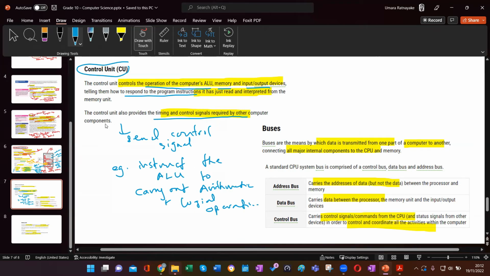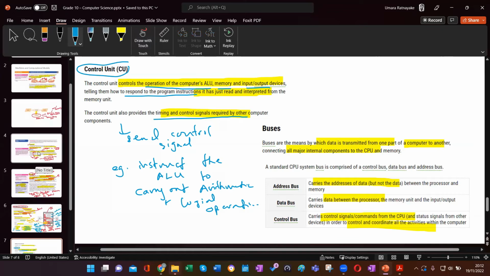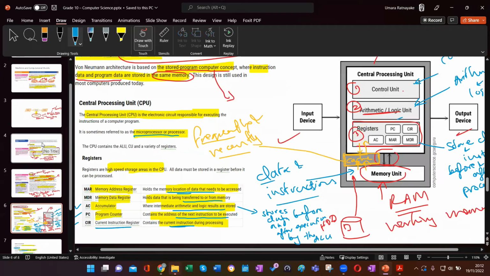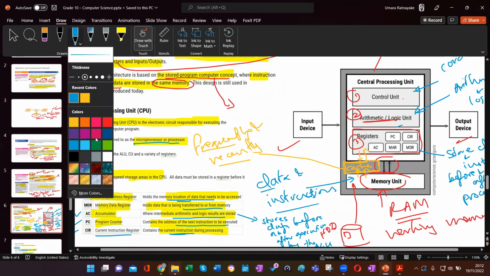Now, even though the control unit is there, you have heard about something called an internal clock. Have you heard about the internal clock? There is an internal clock in the CPU that gives pulses.